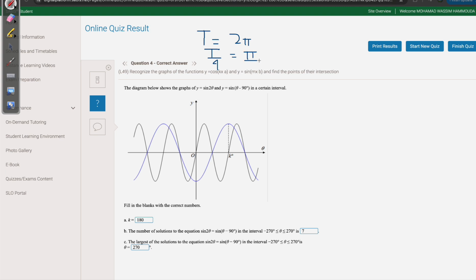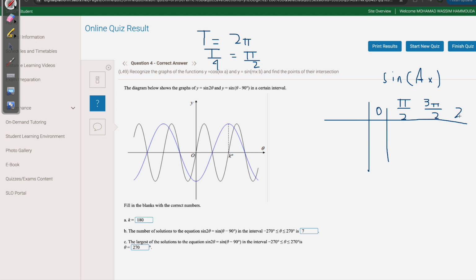By the way, when I'm saying normal sine graph, I'm saying sine x, sine ax, it can be anything. So we're gonna make the table. We start from 0, then pi over 2, which is 90, then 3 pi over 2, 2 pi.